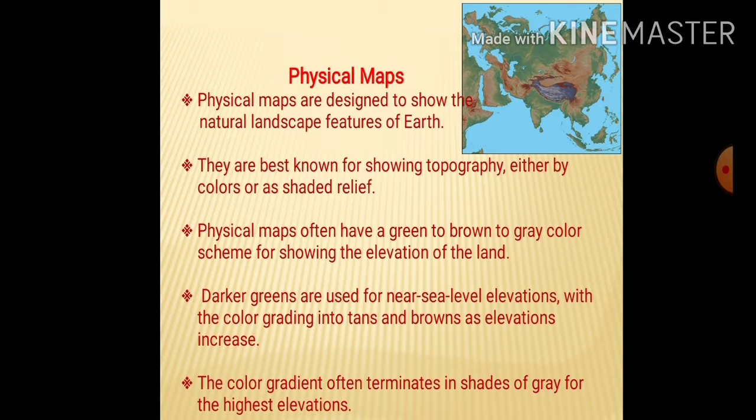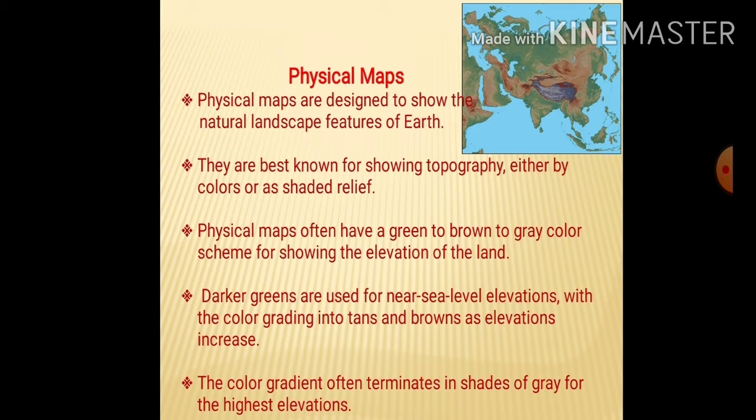From that, physical maps are designed to show the natural landscape features of the earth. They are best known for showing topography either by colors or as shaded relief. You can see in the map with different colors landforms are shown.